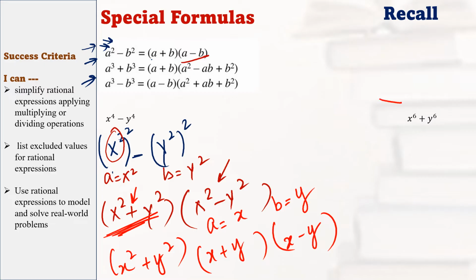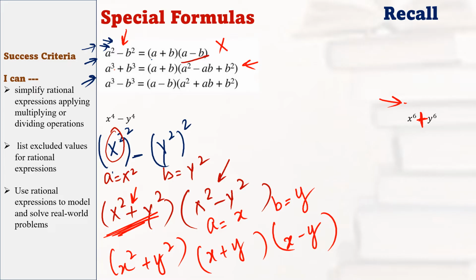Now let's check this formula. This formula can be done by the second formula. Why? Because this is the plus sign, and here it is a negative sign, so I cannot use my first formula. I can only use my second formula.